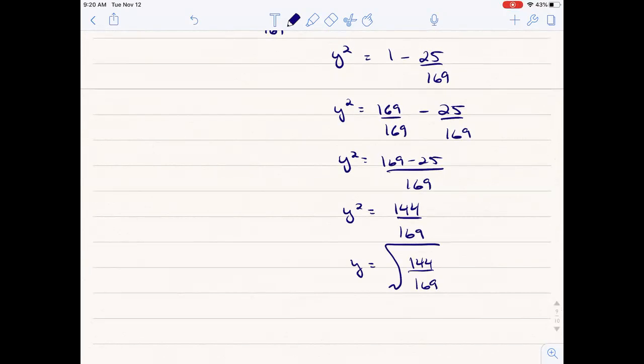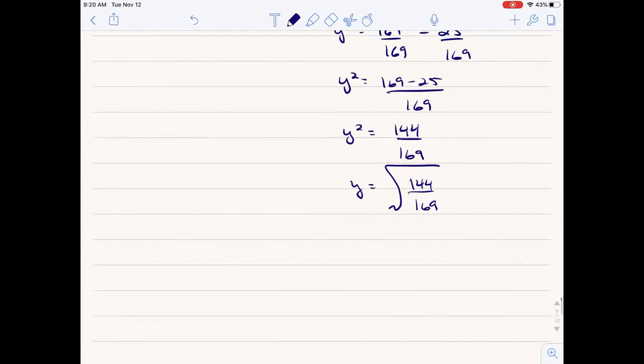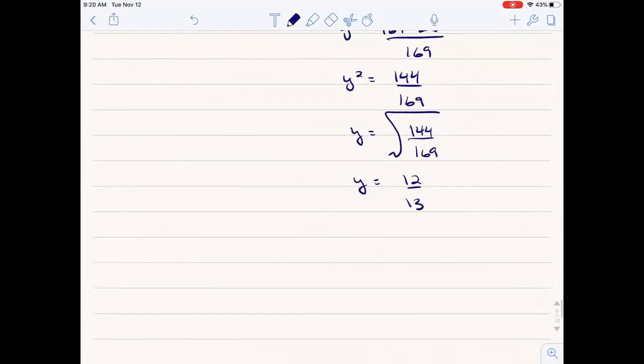Square root of 144, we talked about it last day, is 12. So 12/13, or you can just use your calculator. Therefore, the sine of alpha is 12/13.